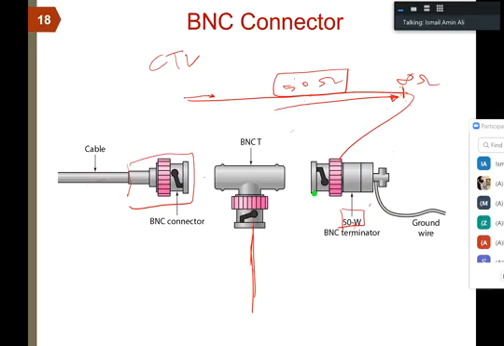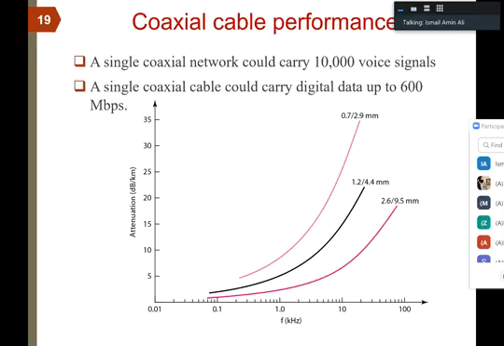We used to use these types of connectors in the olden days, but nowadays, as you know, they are no longer used. They are still used for cable TVs, and there are cases where we still use them, I guess.